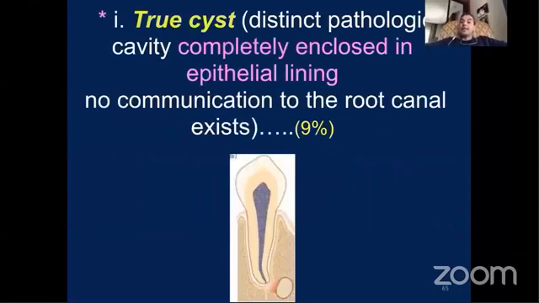The first type is called a true cyst. And this true cyst is a distinct pathological cavity completely enclosed in epithelial lining. No communication to the root canal exists. And this true cyst forms about 9% of endodontic periapical lesions.